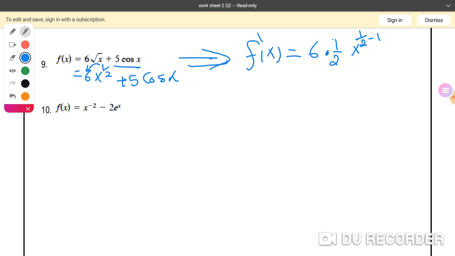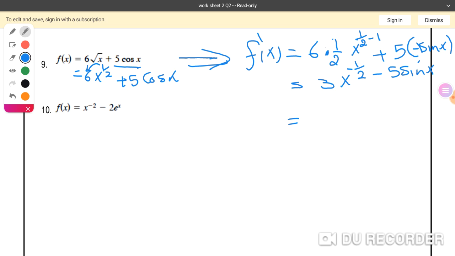Don't forget to decrease the exponent by 1. Plus the constant multiplied by the derivative of cosine, which will be negative sine x. Okay, it will be 3 times x to power negative half, and negative multiply, it will be negative 5 sine x.